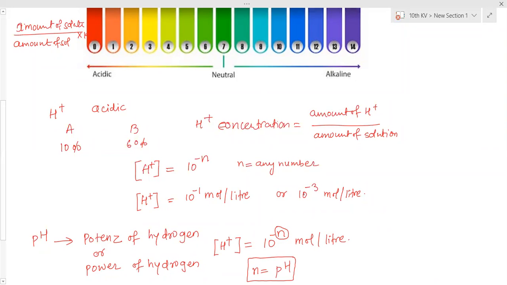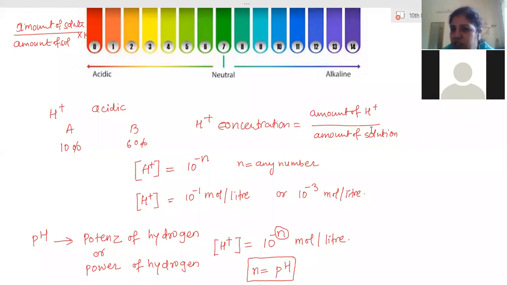When H plus ion concentration is represented in number form, it is in the range of 10 to the negative power. That means values like 1 by 1000, 1 by 1 lakh, 1 by 1 million, so that is represented in exponential form.